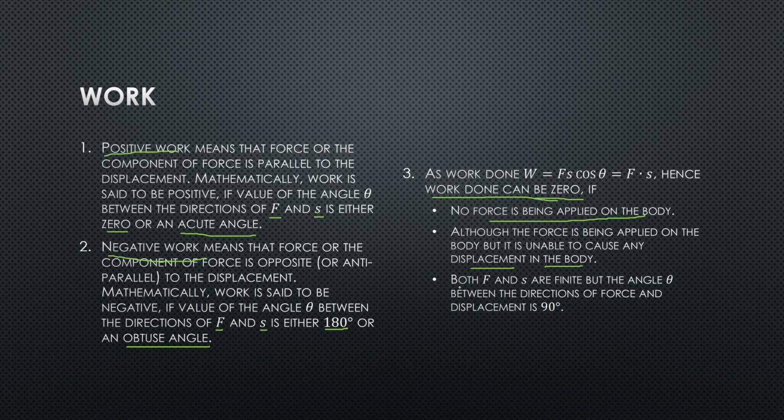And the third reason is both the force and the displacement are finite, but the angle theta between the direction of force and displacement is 90 degrees. So cosine 90 degrees gives you a value of 0. That is the third reason.